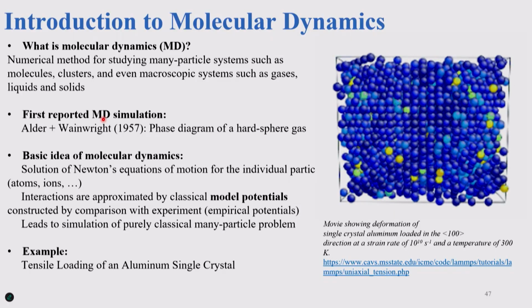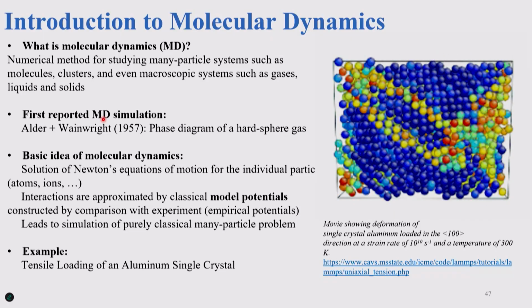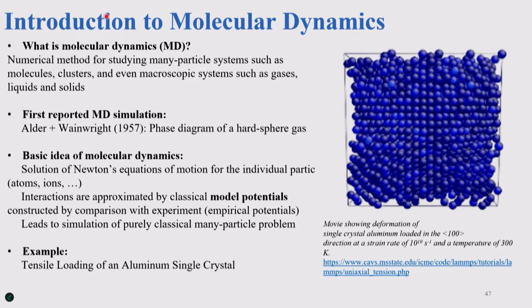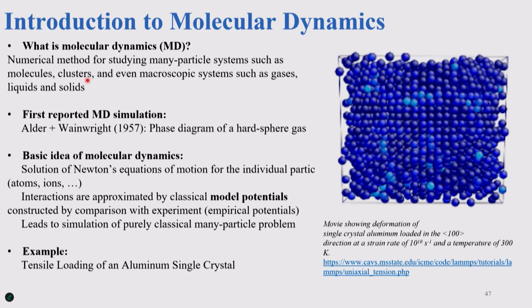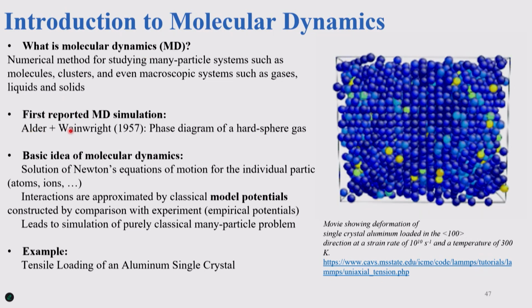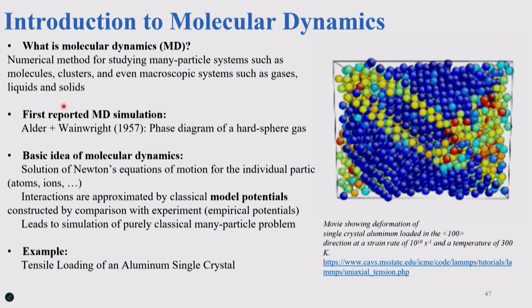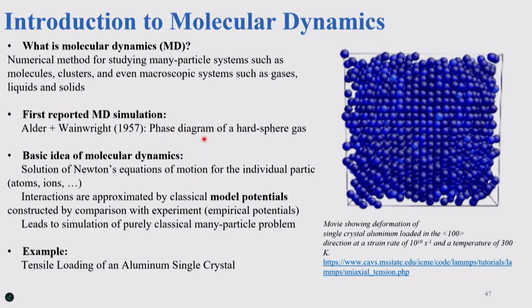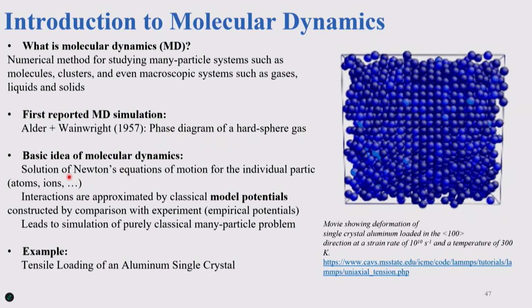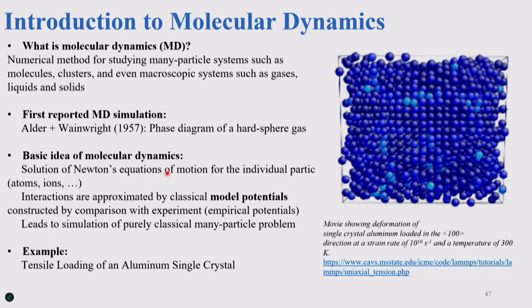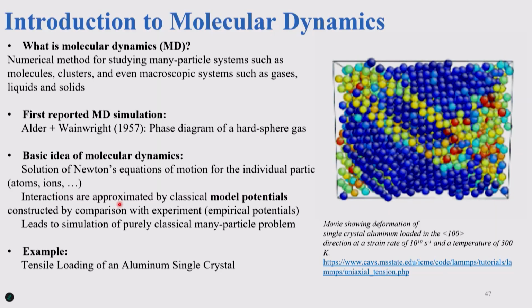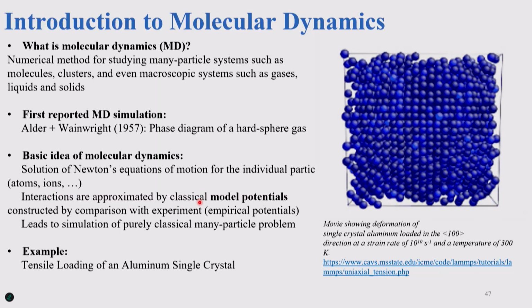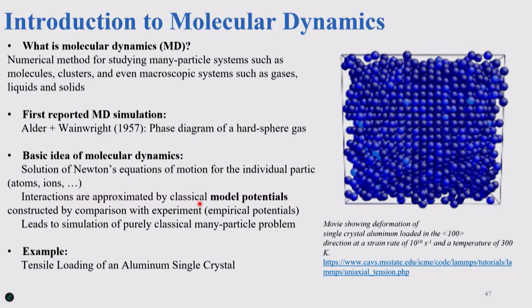That's why you need computational power, and that is done with molecular dynamics, which was first given by Alder. Again, I had a chance to meet Alder, who showed this phase diagram of hard spheres, and the basic idea is you solve Newton's equations of motion for individual particles like atoms and ions, and interactions are approximated by a thing called a classical model potential or force field.